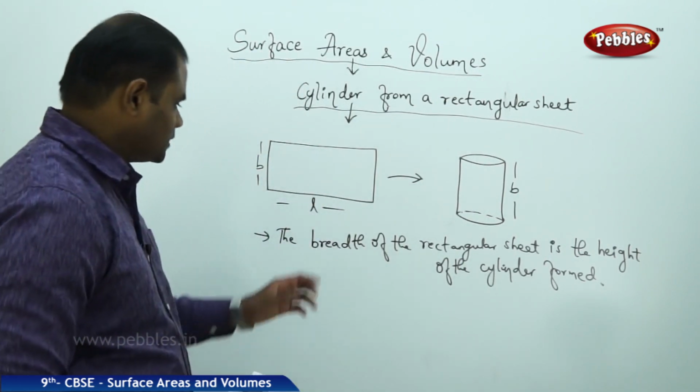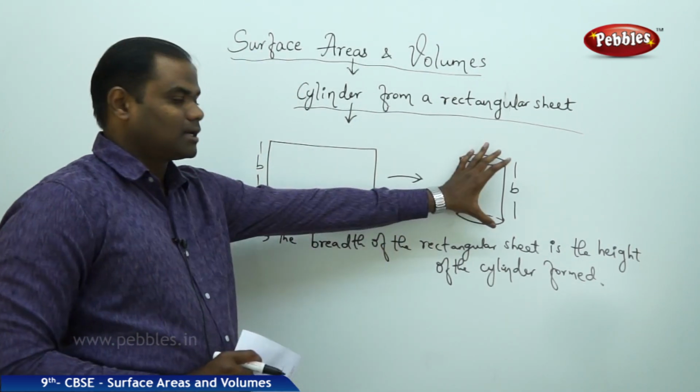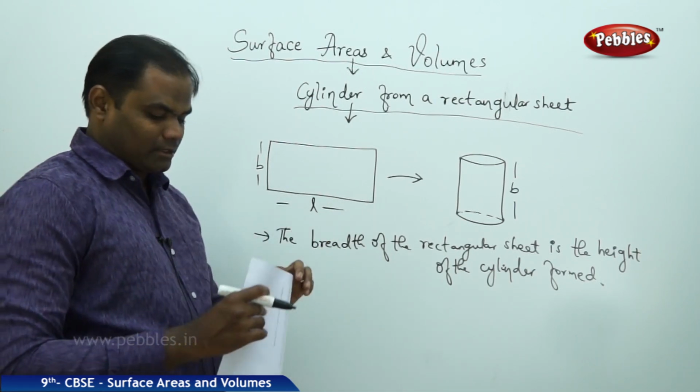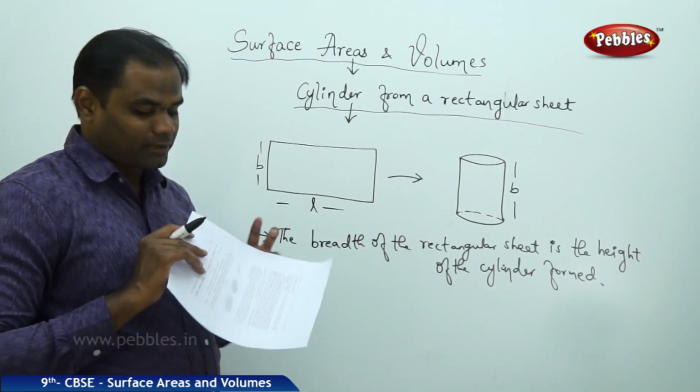As can be clearly seen here, the breadth of the rectangle is the height of the cylinder as formed. And the length of the rectangle, let's see what happens to the length of the rectangle.